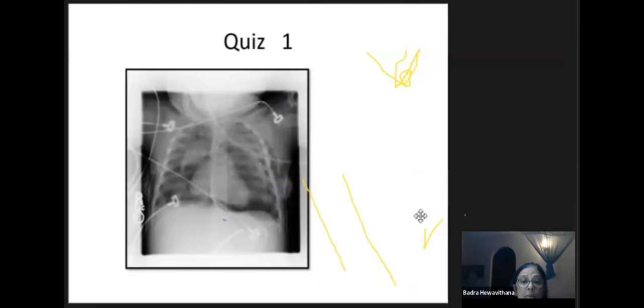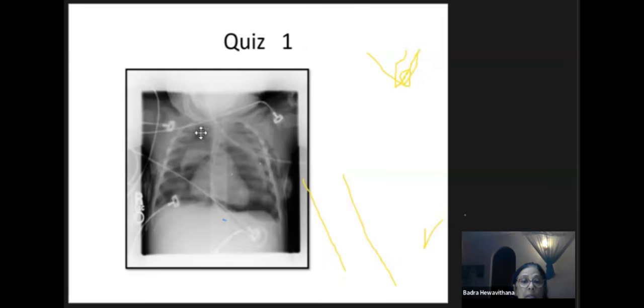So this one, why am I doing this? What are the signs you see? What is your diagnosis here? It is pneumomediastinum in children, actually. This is for pediatric surgeons.